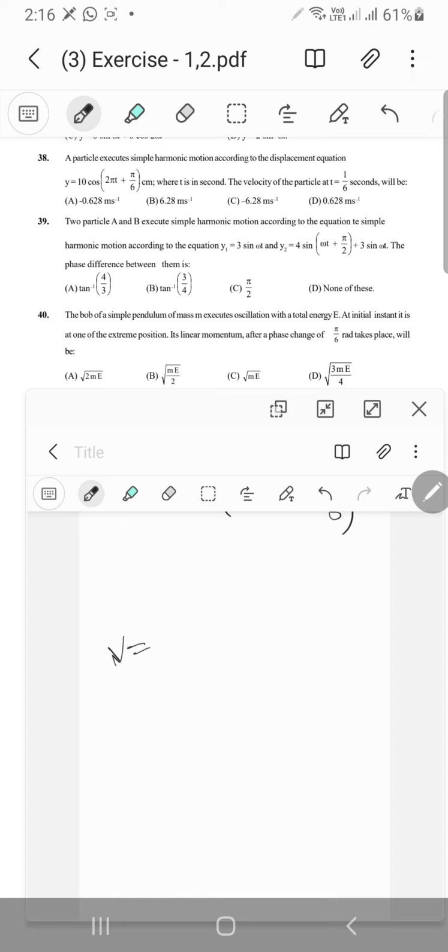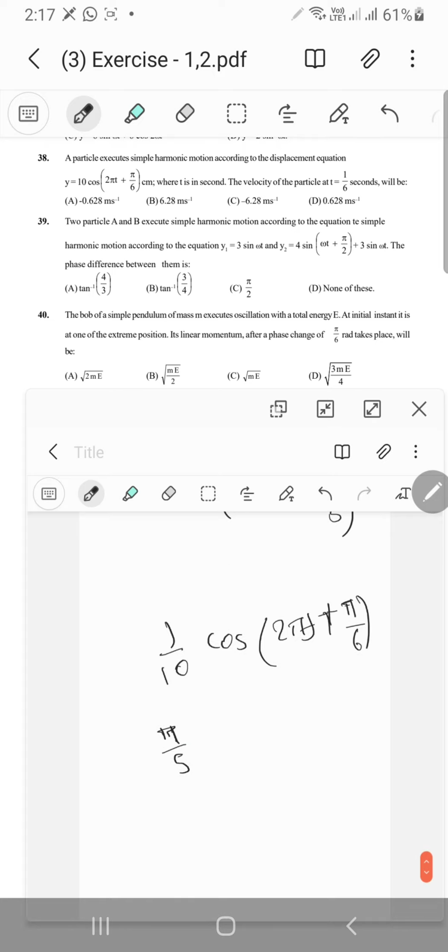Well, it's in centimeters. That's not good. So 10 centimeters, so it's like 1 by 10 cosine of 2 pi t plus pi by 6 in assignments. T is in seconds. So now it's correct. Now if we take the derivative, 2 pi goes over there, it becomes pi by 5.